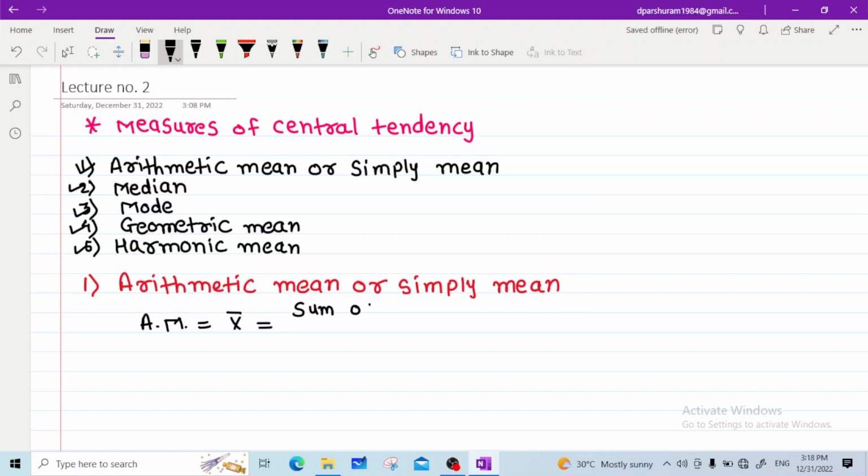In numerator there is sum of observations divided by, in denominator there is number of observations.